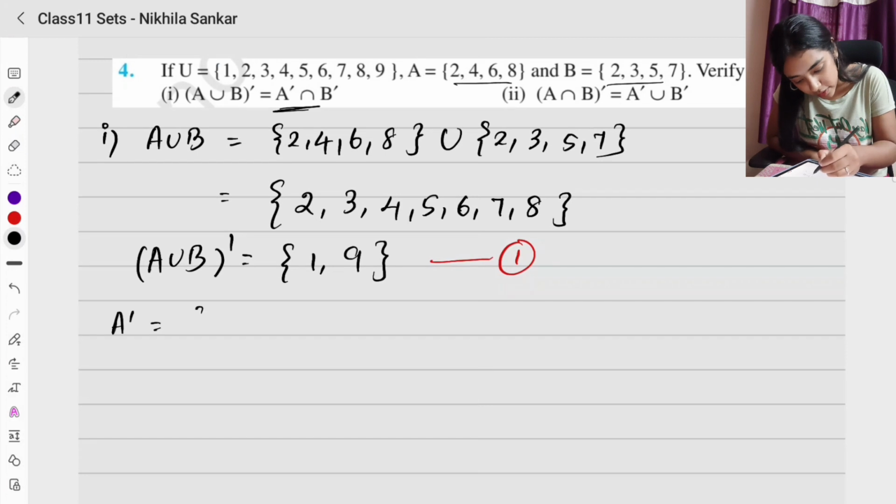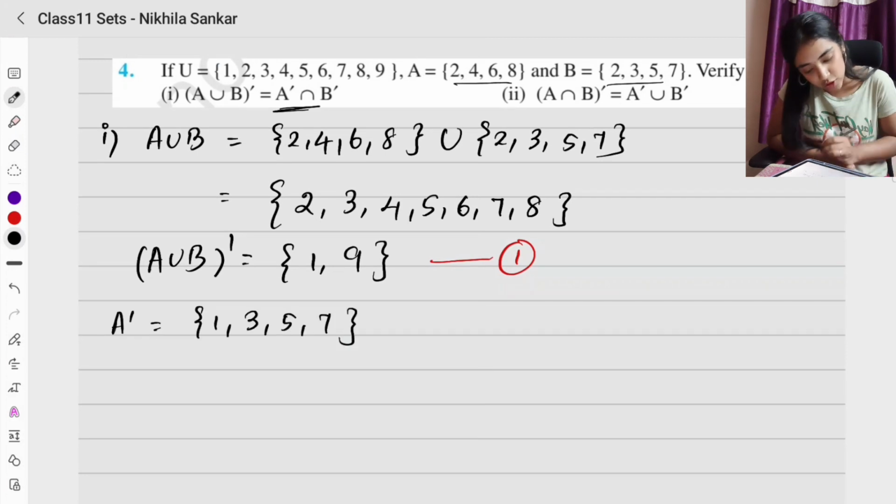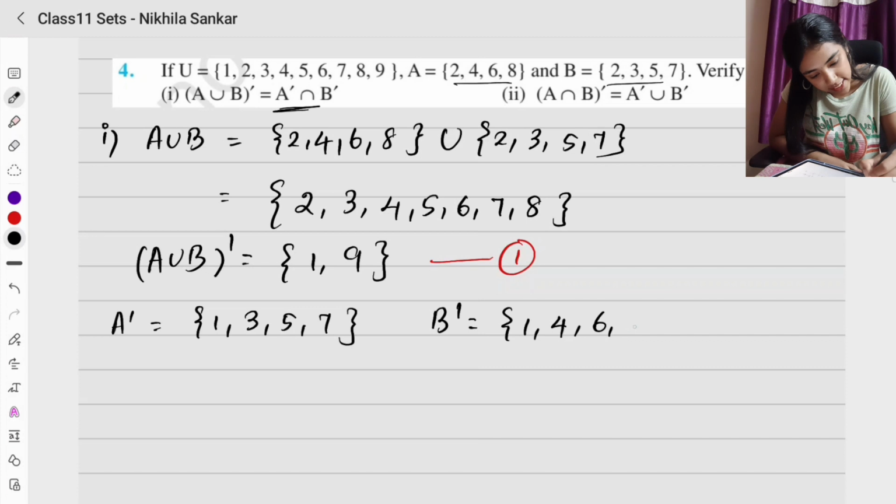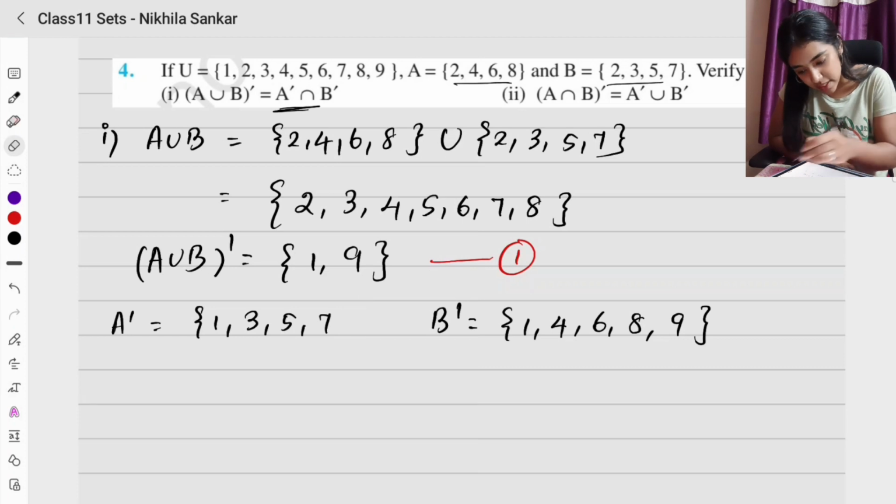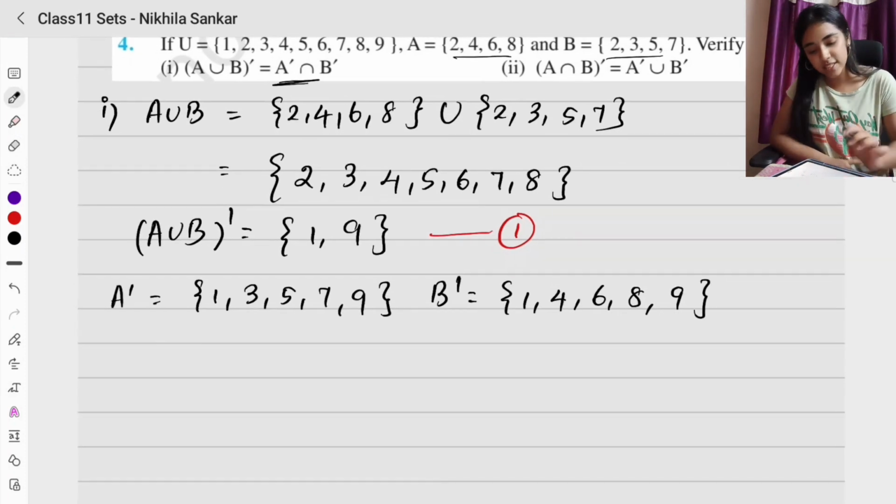What is left? 1, 3, 5, 7, 9. And my B dash is going to be 1, 4, 6, 8, 9. Please include the 9 in A dash.